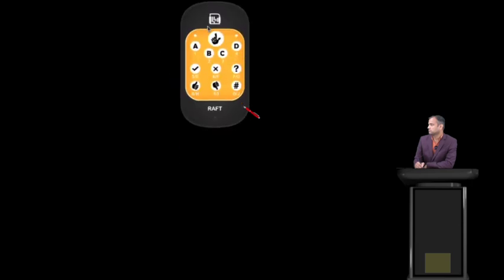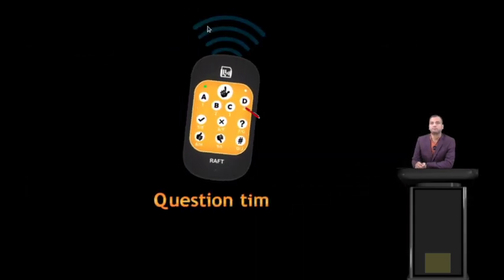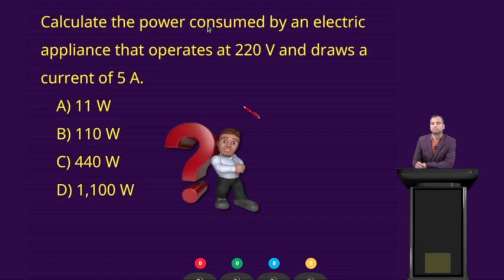Okay, again question time. Calculate the power consumed by an electric appliance that operates at 220 volt and current of 5 ampere, and your time starts now.